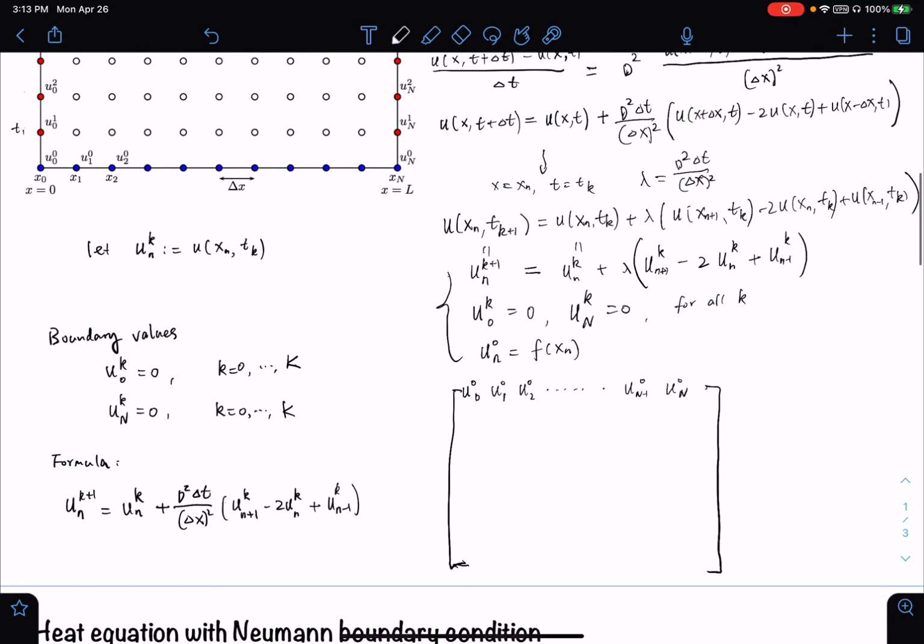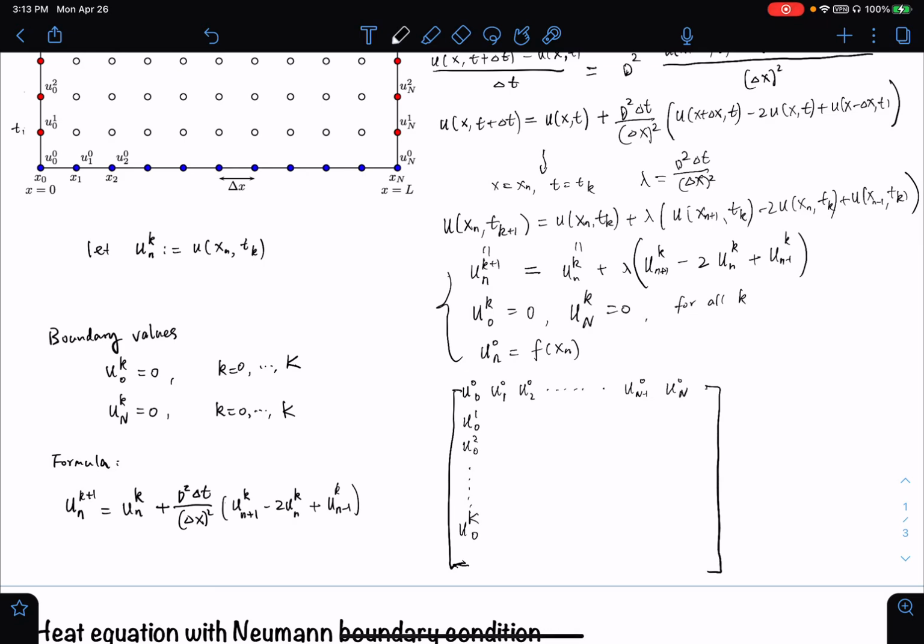And you also know the boundary values at x0 for time step 1, at x0 for time step 2, all the way up to the time step, for example, capital K of your interest at 0.